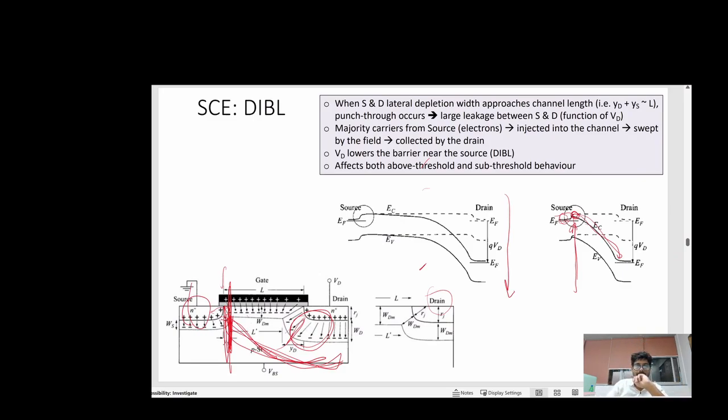So you got this point, right? Let us see this one. When source and drain lateral depletion width approaches channel length, source and the drain. Now we have seen only the drain, because at the source we are applying 0 volt. So this depletion region will always be constant.